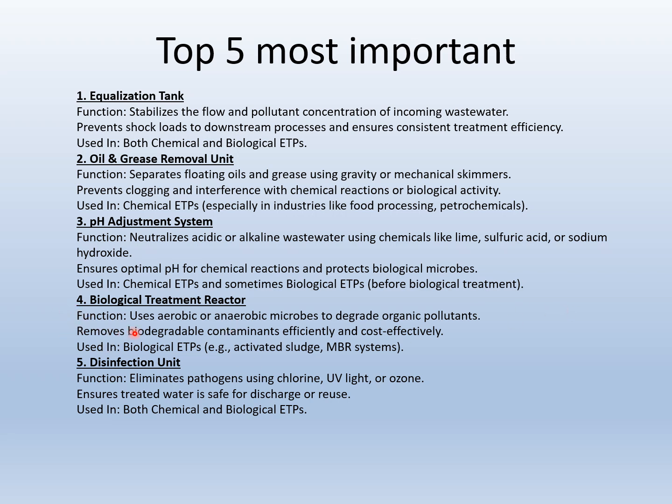Function: using aerobic or anaerobic microbes to degrade organic pollutants and remove biological contamination efficiently and cost-effectively. Used in biological ETP, for example activated sludge and MBR systems. 5, disinfection unit. Function: eliminate pathogens using chlorine, UV light, and ozone. Ensures treated water is safe for discharge and reuse. Used in both chemical and biological ETP.